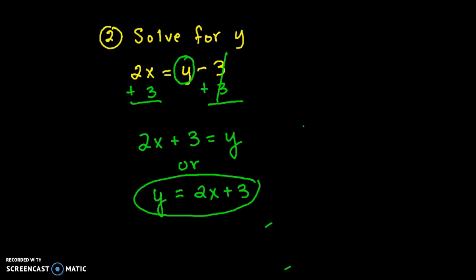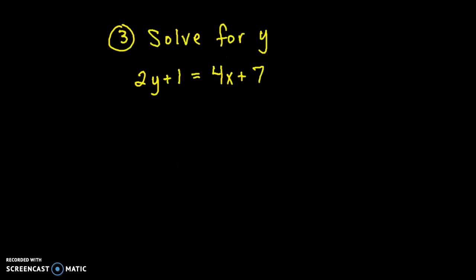Moving on to number 3. Again, we're solving for y, and there's our y. We've got 2y plus 1 equals 4x plus 7. Now this is important. When the variable you're solving for has multiple terms, like it does on the left side, you want to first add or subtract the terms.